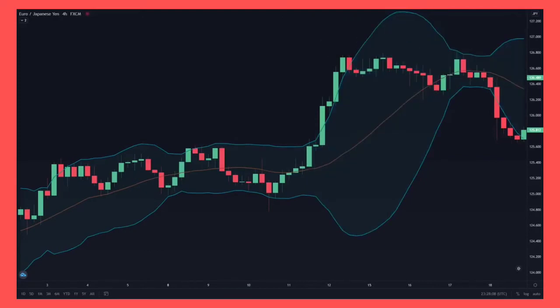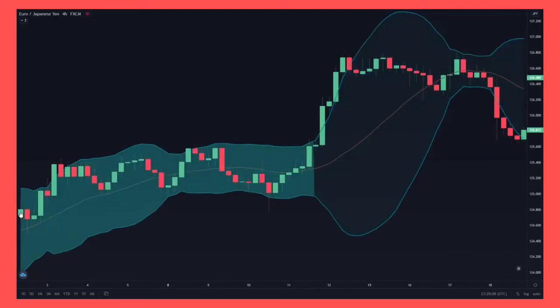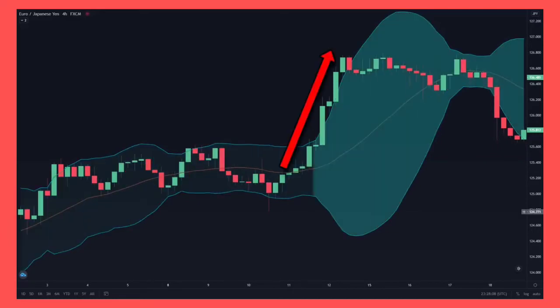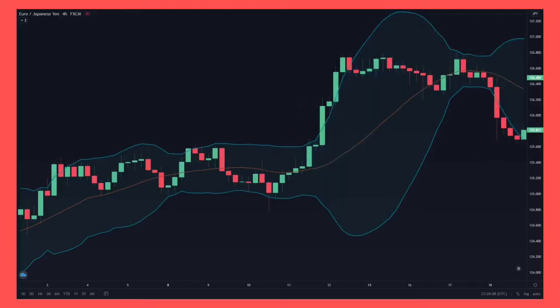Meaning that if the market is in a low volatility period like this, eventually volatility will start to pick up in the future, which can lead to big price movements and breakouts. So now, it's our job to find these low volatility markets and predict when a breakout might happen and which direction it will be. This is how you do it.